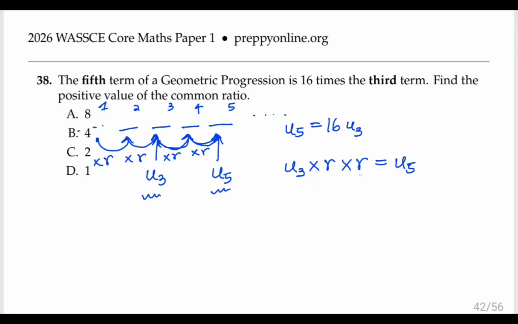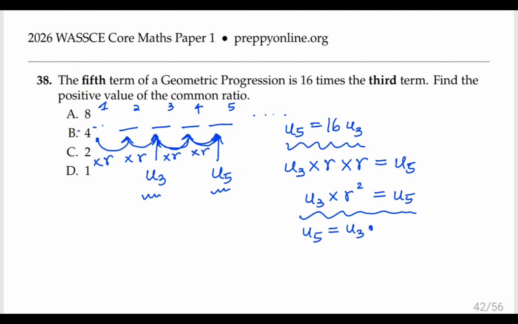Now r times r is r squared. So we have U3 times r squared equals U5. So we have two expressions for U5. This is the first one, U5 equals 16 times U3. And we have this one too. U5, let me write the other way, U5 equals U3 times r squared.